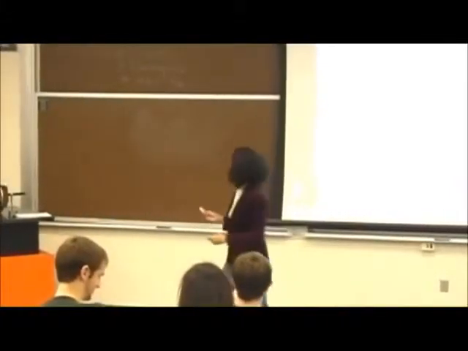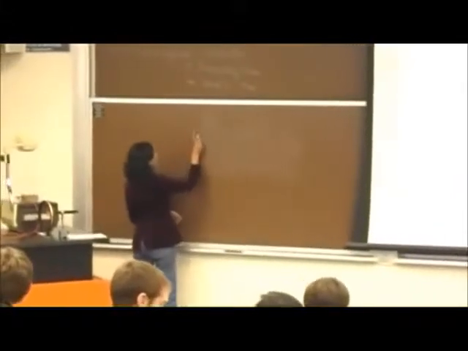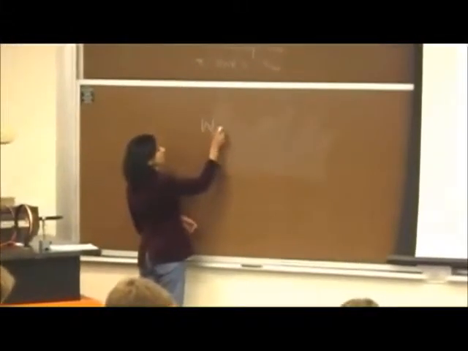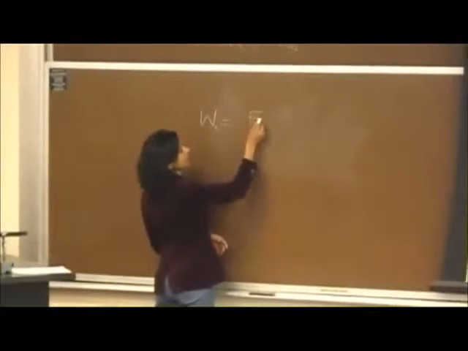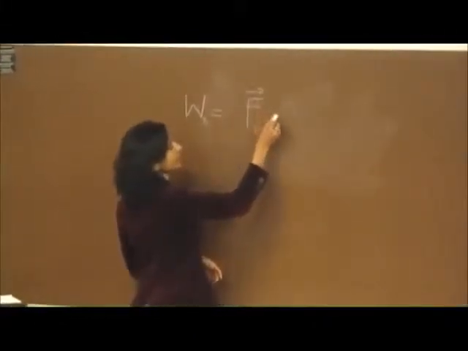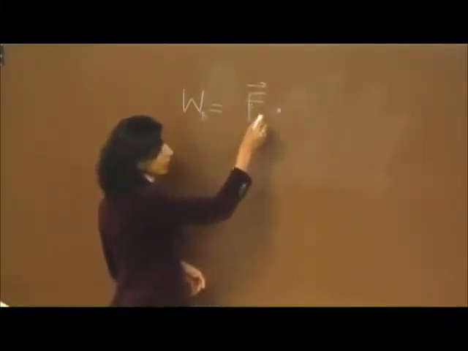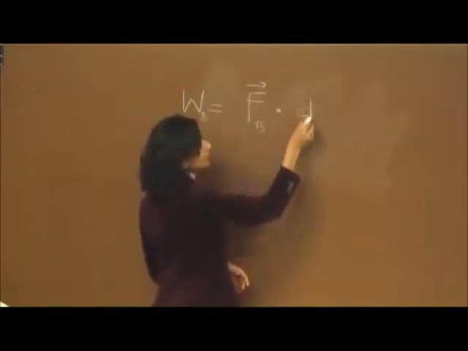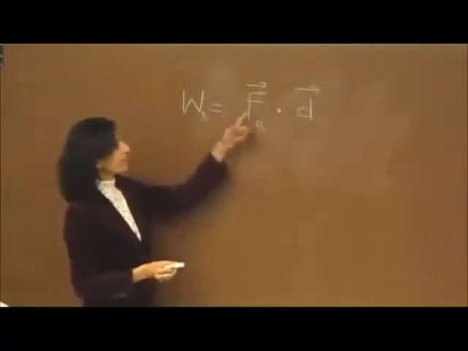So one way to think about it is we are trying to figure out what is the work done by the magnetic field, and that should be the dot product of the magnetic force with the displacement, right? What is the magnetic force?